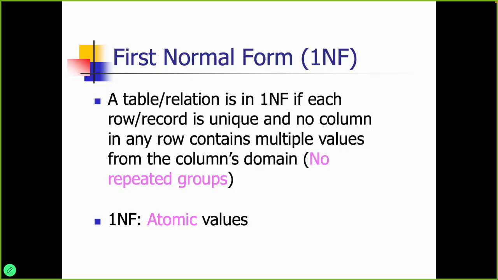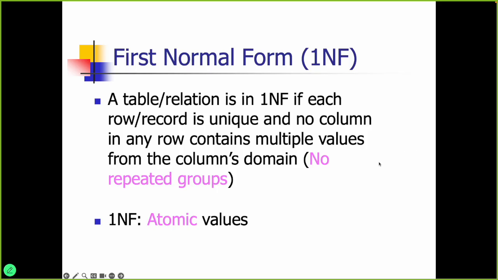Identifying these dependencies in a given table is very important because that is what helps you identify the normal form of the table. And that is how you know, for example, the table is 1NF, 2NF, 3NF, or so on.